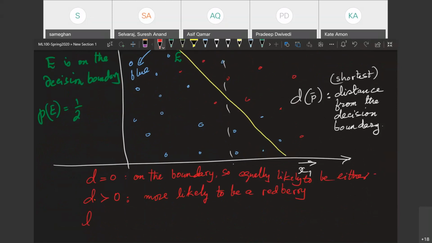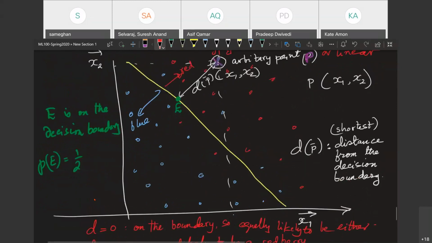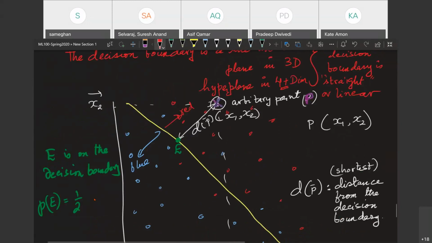And we'll take the convention that if you are on the lower side of the decision boundary, for example, for a point, let me take this point, let me call it Q. Q is at a negative distance, let me call this distance D prime, or DQ.